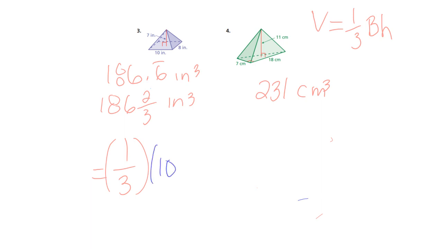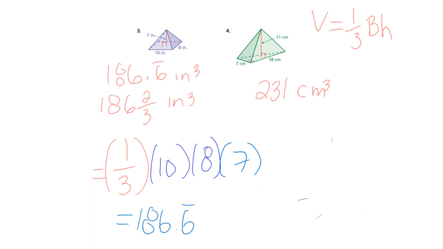So 10 times 8. Multiply that by the height of the pyramid, which is 7. All of that would have given you your total, 186.6 repeating. All right, inches cubed.